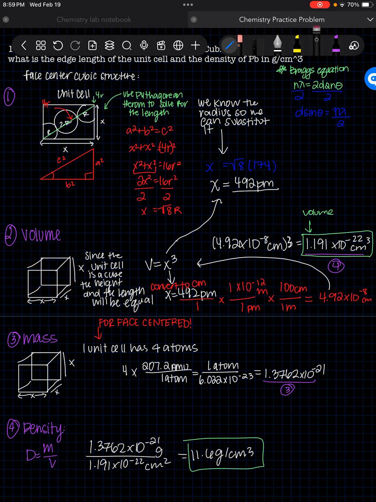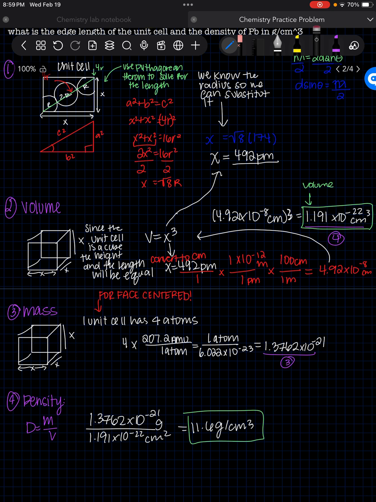All you got to do to find the volume is cube your length x, which we already converted to 4.92 times 10 to the negative 8 centimeters. Cube it, and you get 1.19 times 10 to the negative 22 cubic centimeters. That's your volume, okay?